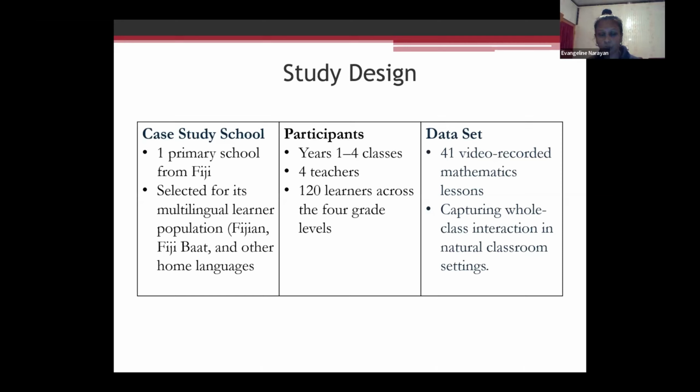The participants included 4 teachers and 120 learners across the 4 grade levels. Now looking at the data set, 41 mathematics lessons were video recorded, capturing whole class interactions in natural classroom settings.